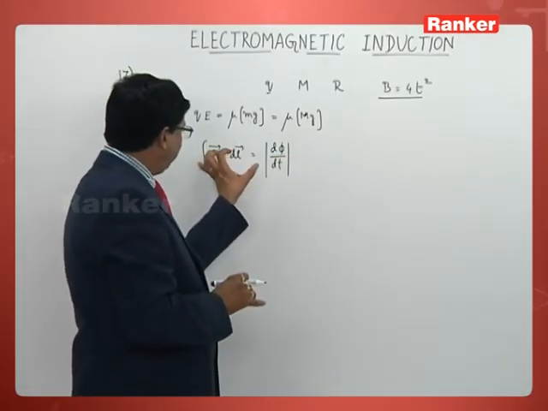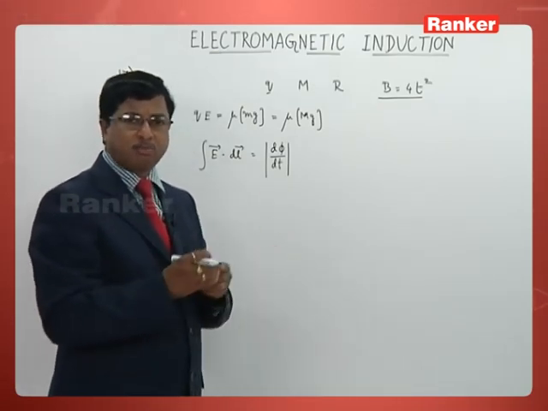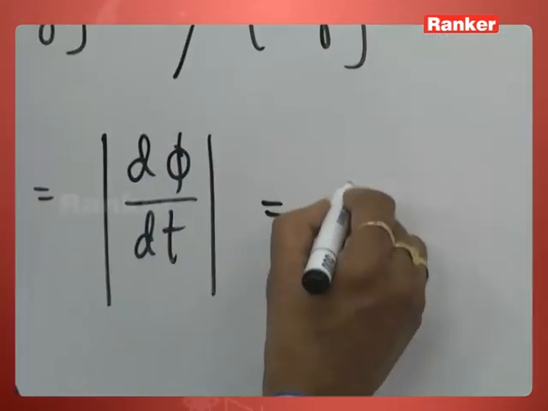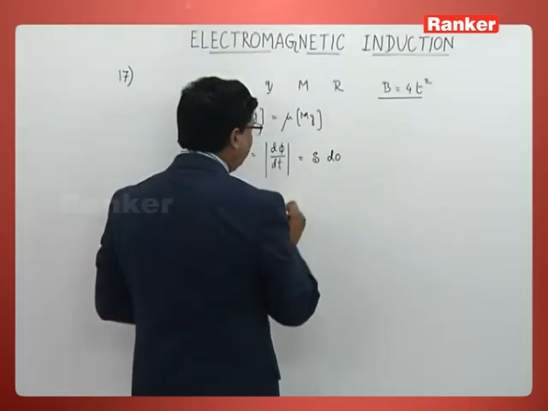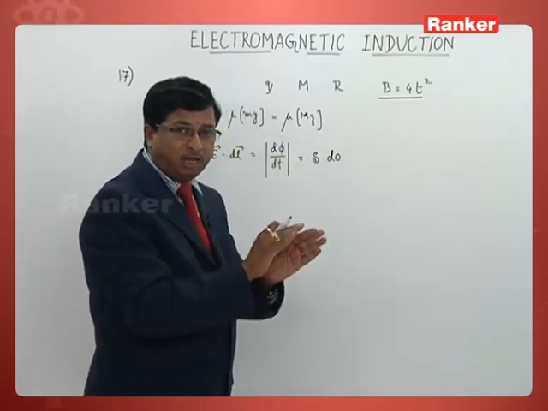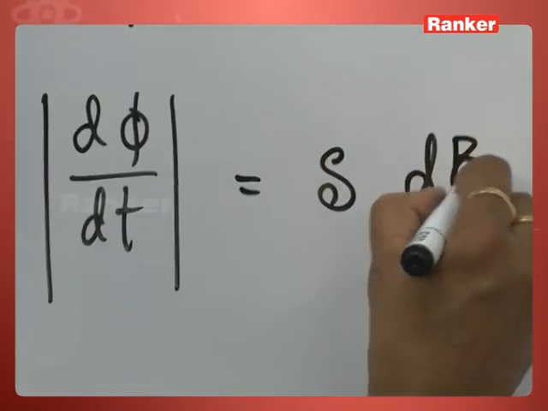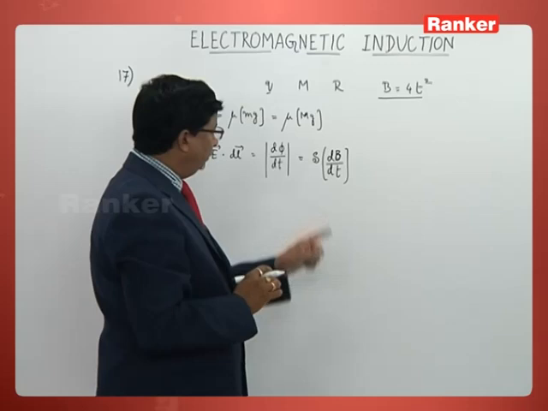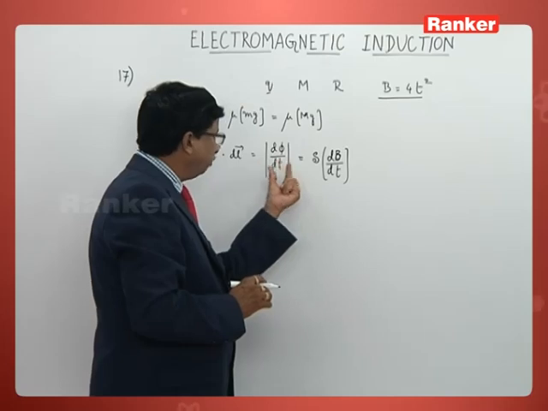If you can understand this particular relation, the result should be very simple. So how to write this value now? It can be written as surface area into the value of phi, which is equal to B dot A. So we can write this one as dB by dt, S into dB by dt, from this equation.